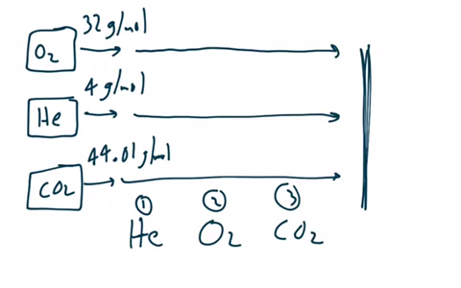So notice that the velocity is inversely proportional to the molar mass, meaning the lighter the gas, the greater the velocity. That's why helium gets there first. The heavier the gas, the slower the velocity, and that's why CO2 in this example gets there last.